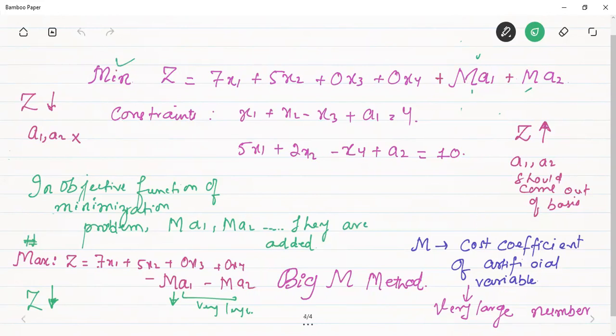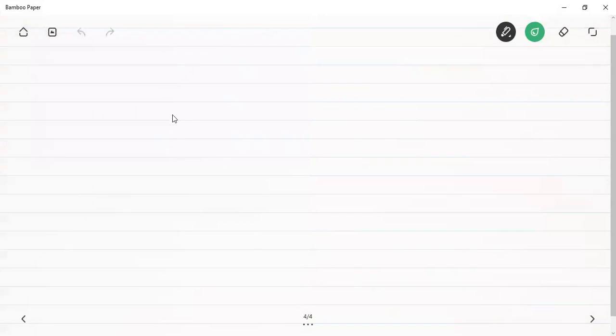So now we have discussed up to here. Now since this is the problem of minimization, how do we solve the problem of minimization?